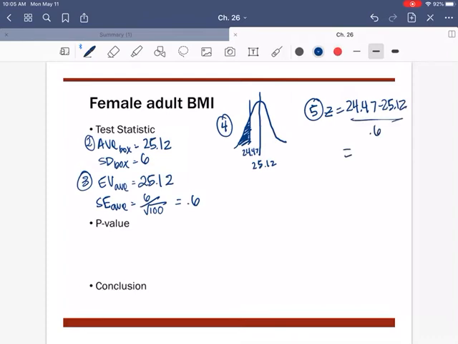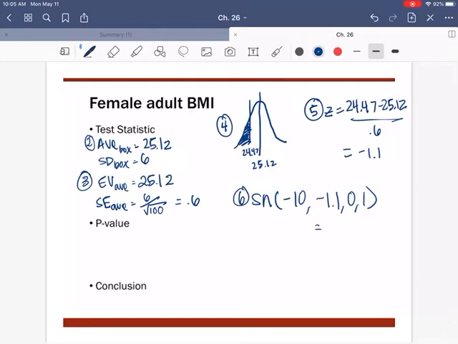Well, that z-score is just negative 1.0833, so I'm going to say negative 1.1.